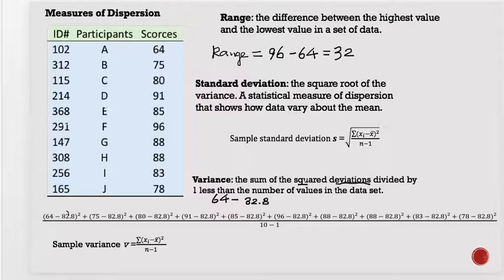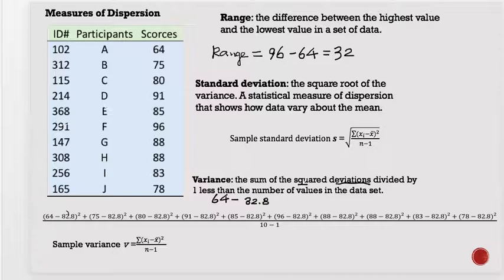So we calculate every data point's deviation. We have 10 data points. We calculate every data point's deviation and then square it.